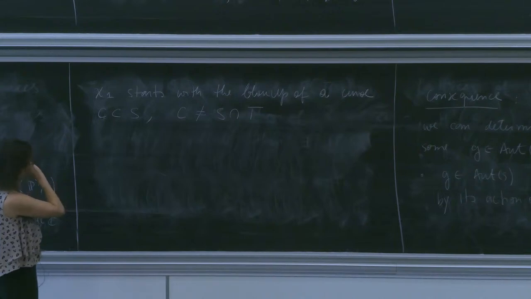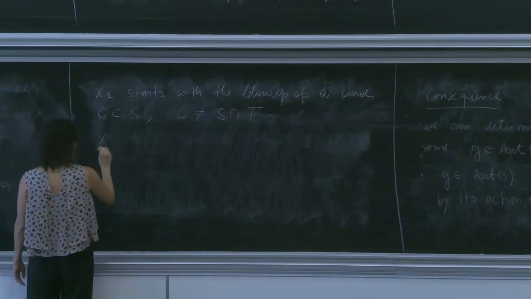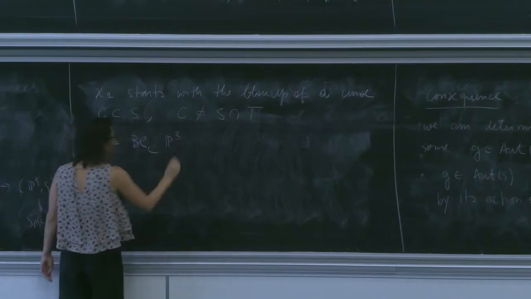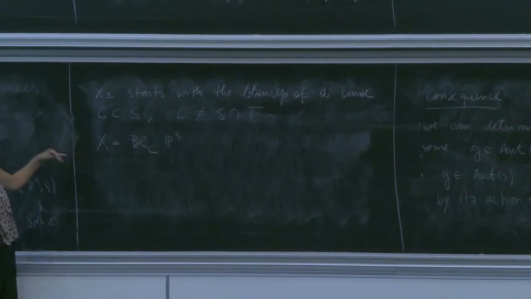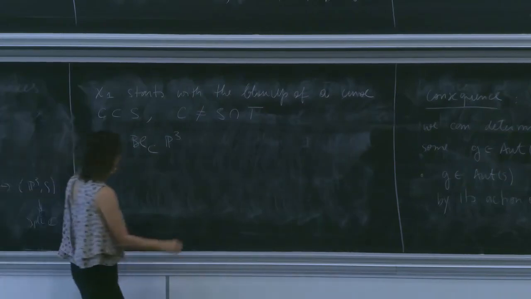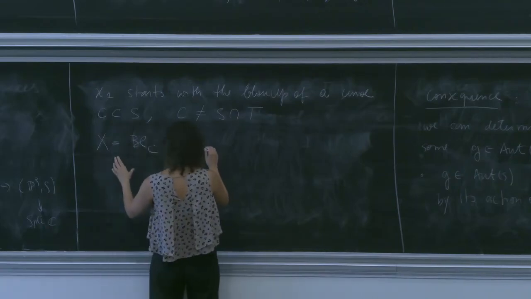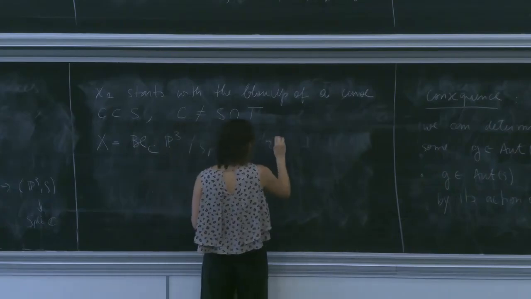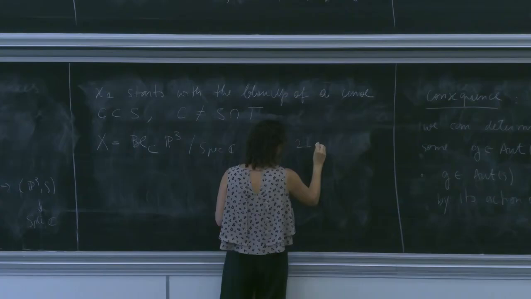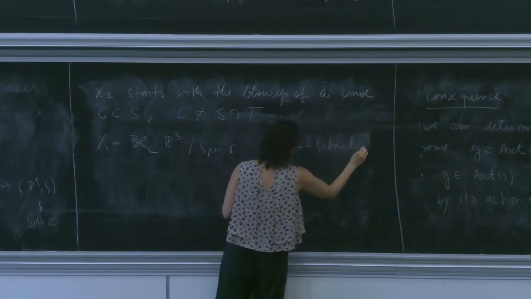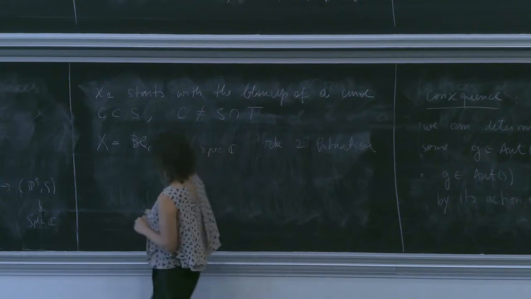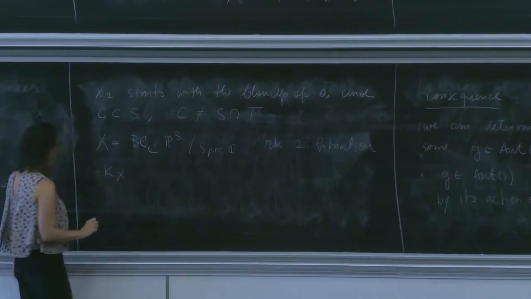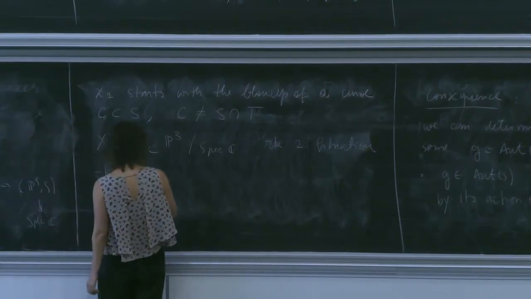First, maybe I should say, in other words, let me just define X to be the blow-up of P3 along C. So to say that this starts a Sarkisov link is the same thing as to say that this is a rank 2 fibration over spec K. And in particular, we saw that this requires that the anticanonical class is big.